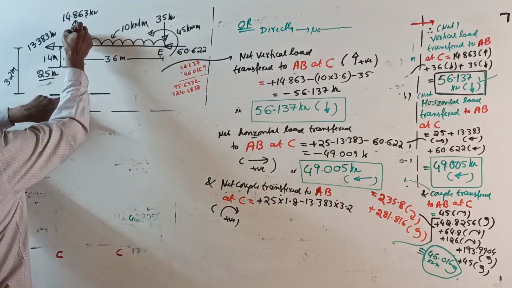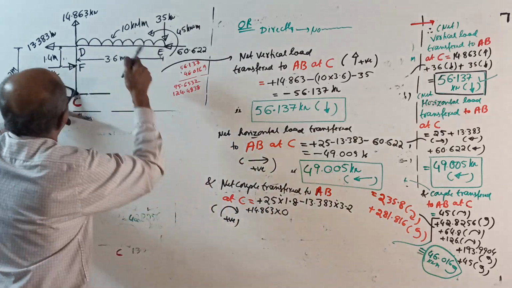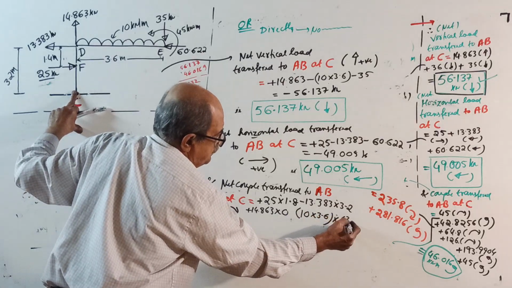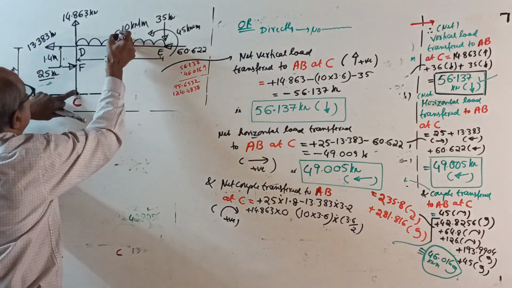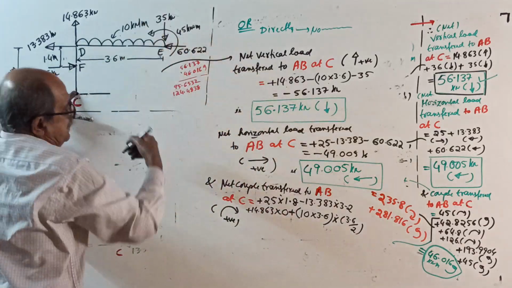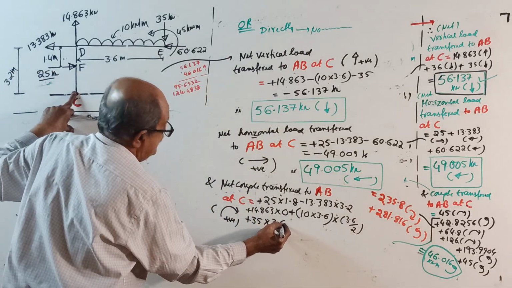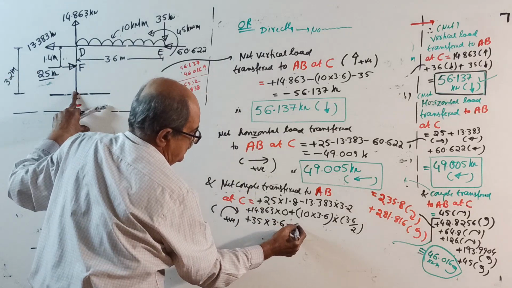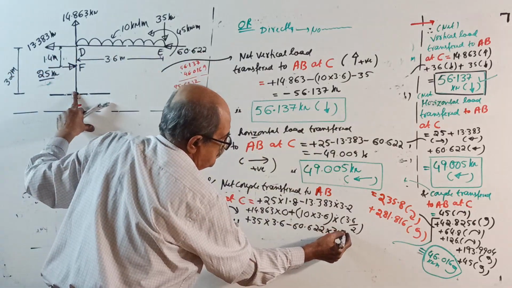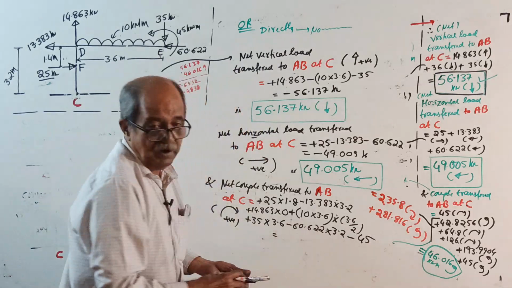This has no moment. Plus 14.863 into 0. 10 into 3.6 is the total load into 3.6 by 2, already explained, the total load into this distance clockwise, so plus 35 into 3.6, minus 60.622 into 3.2, lastly minus 45, no into, only couple, minus 45. Calculate. I'll check the answer.